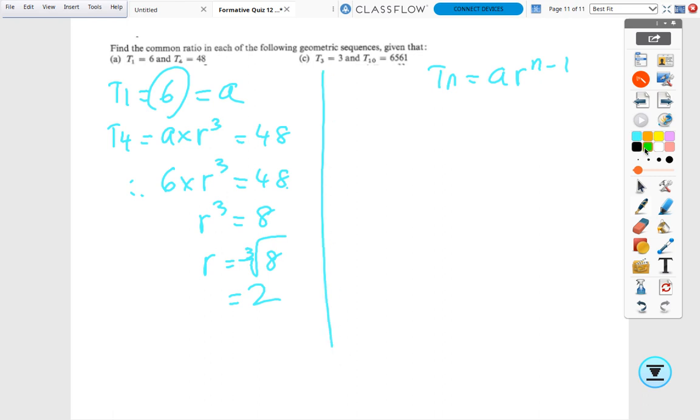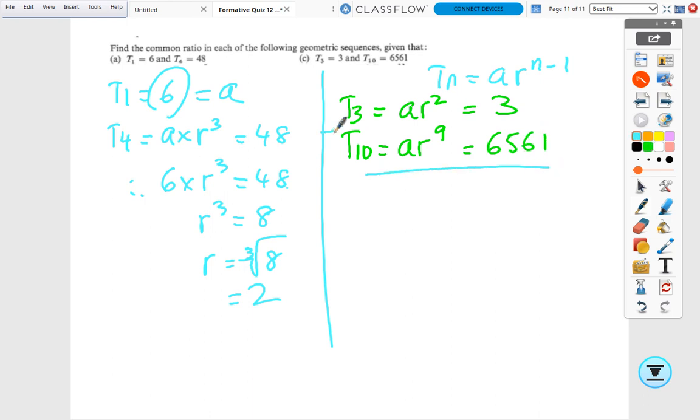Okay, next one, T3 equals A R squared, which is 3. T10 equals A R to the power of 9, which is 6,561. So if we divide those equations, A R to the 9 divided by A R squared equals 6561 divided by 3.